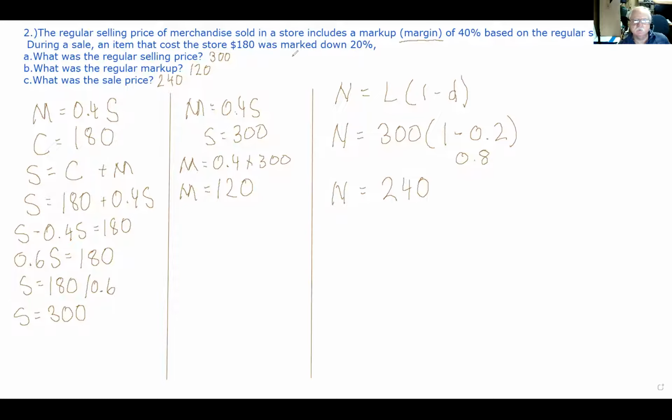And here they're talking about markdown, right? We had the concept of discount, and now they've changed the terminology and they're talking about markdown. But these two are the same thing. We could have been told here there was a 20% discount, but we were told there's a 20% markdown, but they're the same thing.